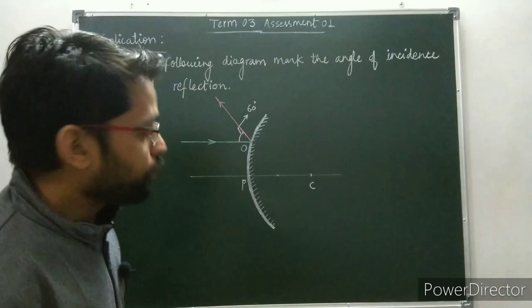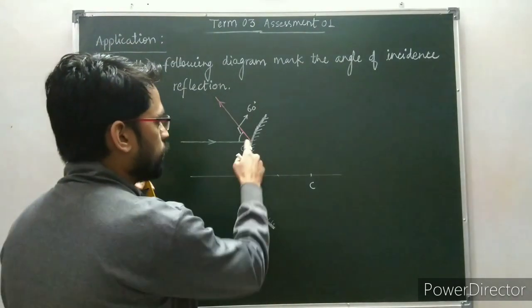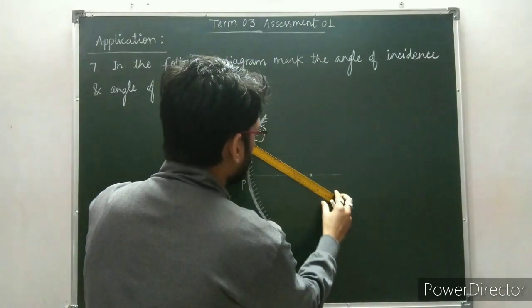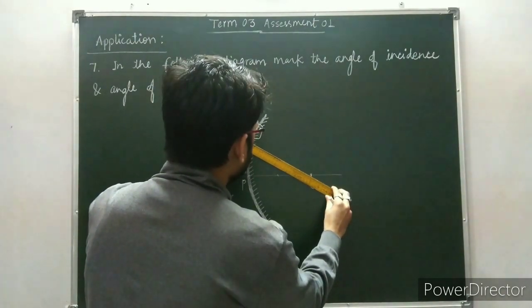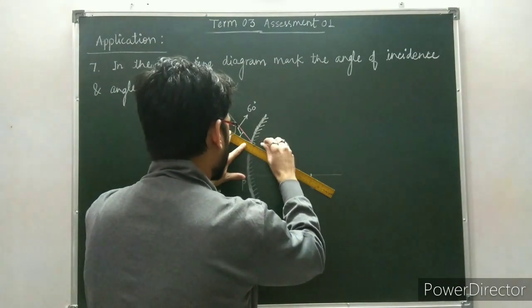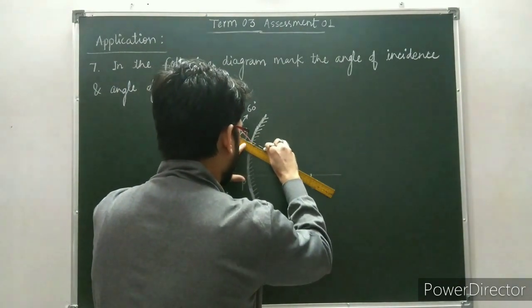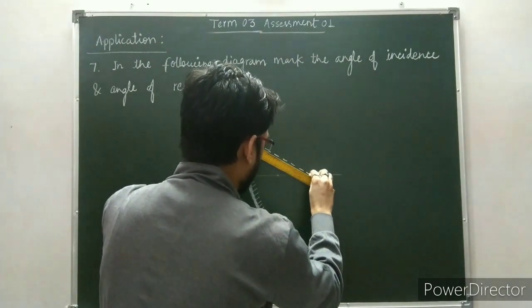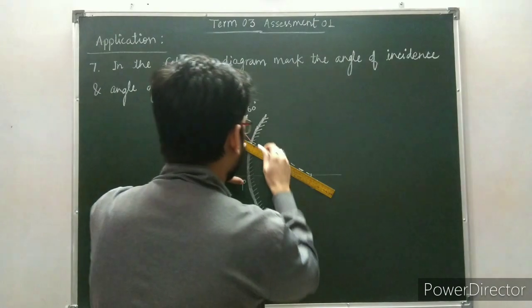Okay. So to draw the normal at point O, connect the point with the center of curvature. Okay. And produce that line.